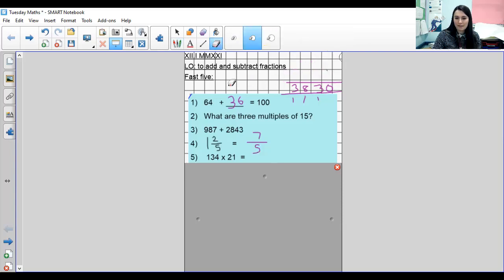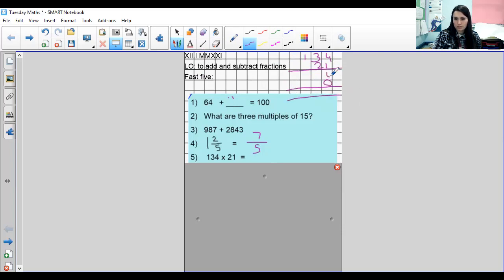Okay, and lastly, we have long multiplication. I'm just going to get myself some space again. So 134 times 21. I need my double line and then my single line, and I'll put my placeholder in. 1 times 4 is 4, 1 times 3 is 3, 1 times 1 is 1. 2 times 4 is 8. 2 times 3 is 6. 2 times 1 is 2.